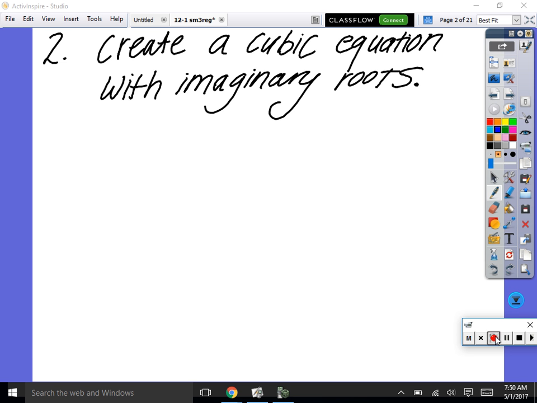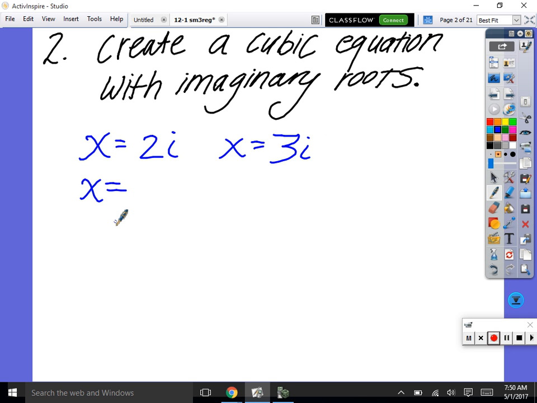Everybody's answers could be different, but this is what I'm saying people mess up on. They're saying x equals 2i. That's an imaginary solution, right? That works, but then I'm seeing people add some random other one, like 3i. That won't work, because if 2i is a solution, what has to be a solution? -2i. Like I just said, imaginary solutions come in conjugate pairs.